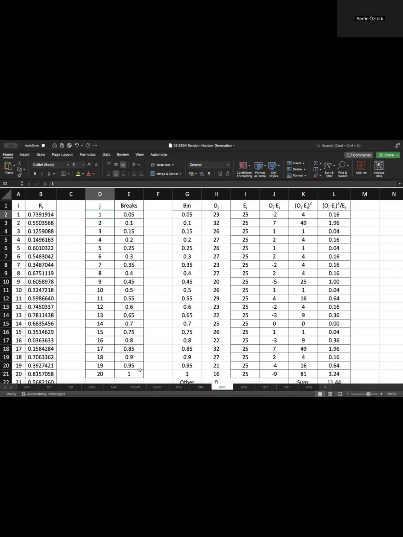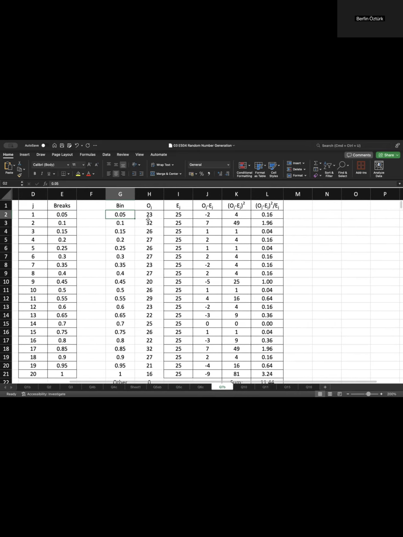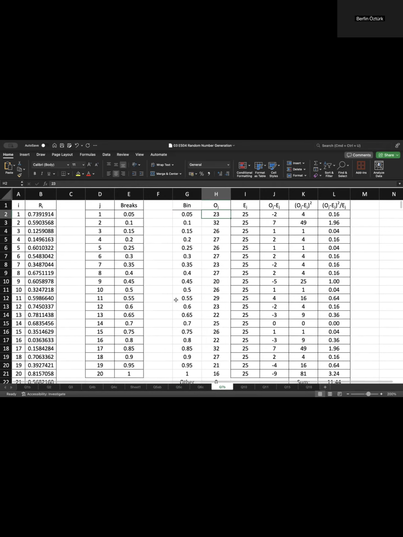If we divide 100 by 20, you get these breaks. And so naturally, these are our bins. And just like we did in sub-question A, this is our observed number of data values between 0 and 0.05.